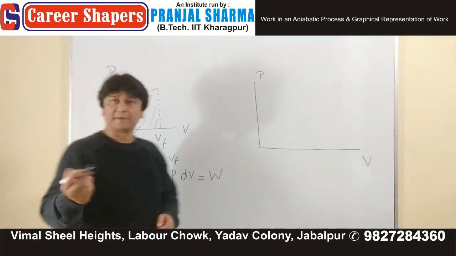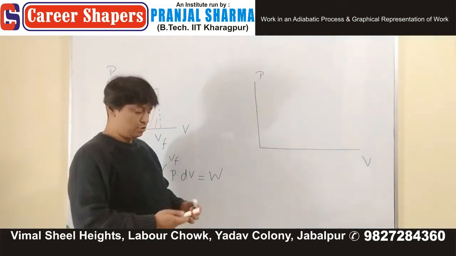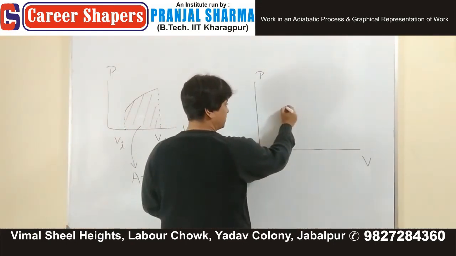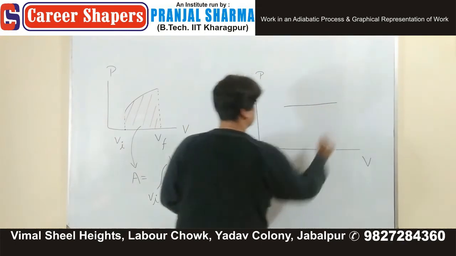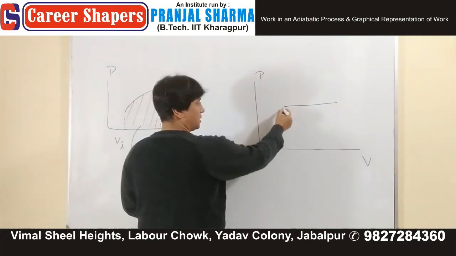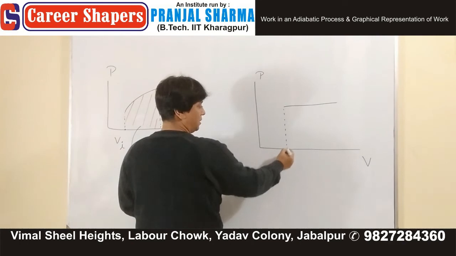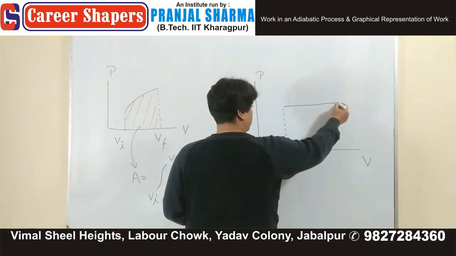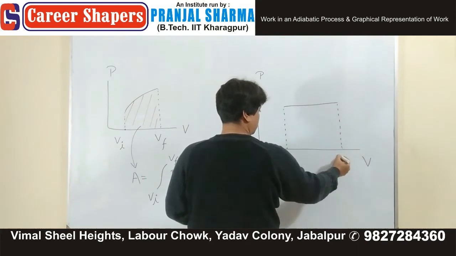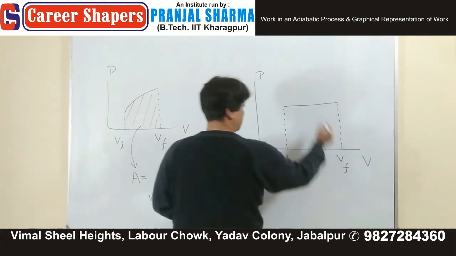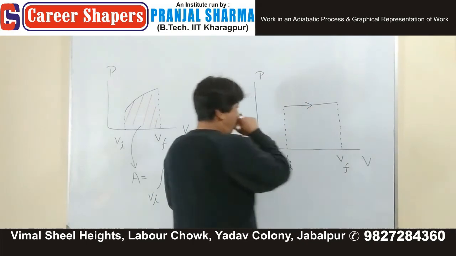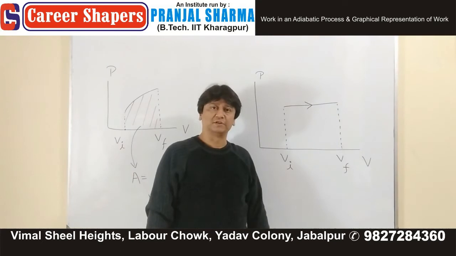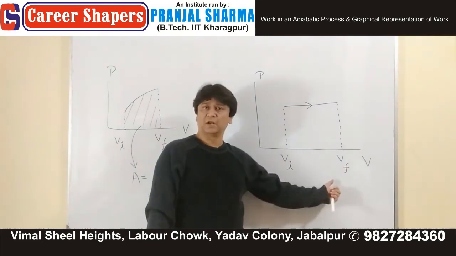It's an isobaric process. How do you draw an isobaric? Pressure is constant. This is your isobaric process. This is V initial. This is V final. And the arrow is telling you that volume is increasing, although you can see this is initial and this is final.